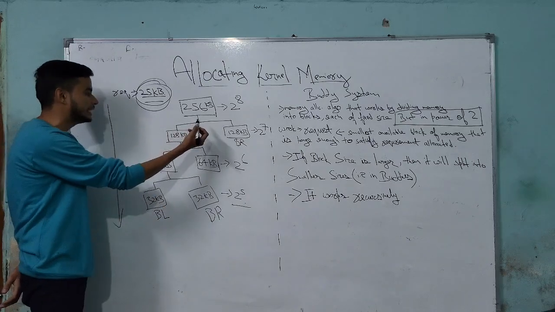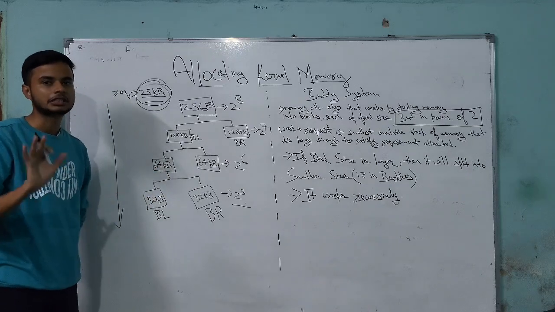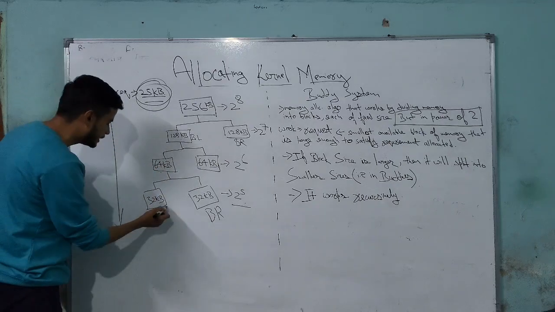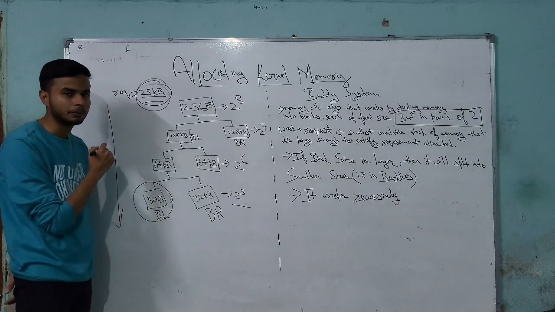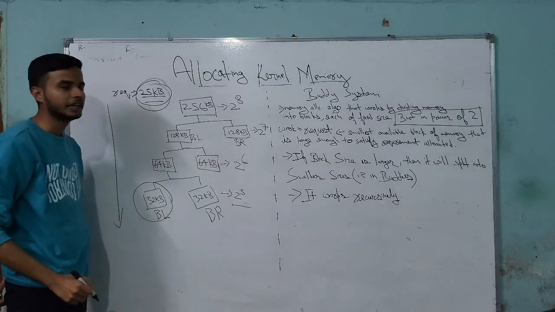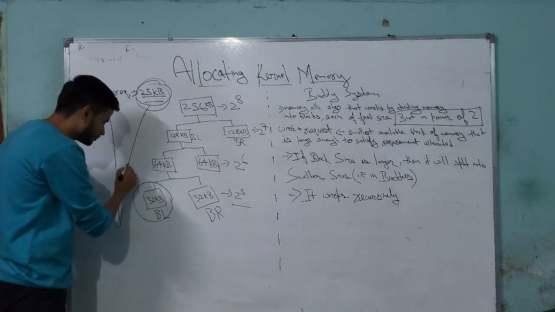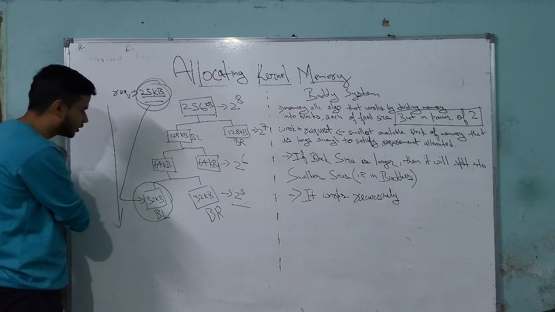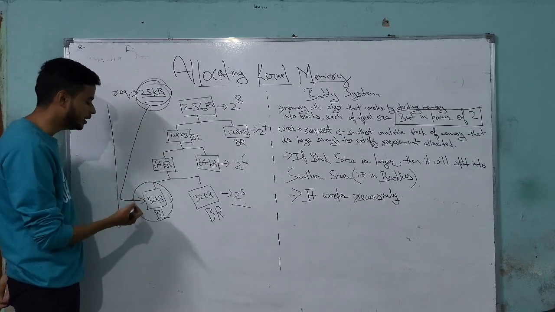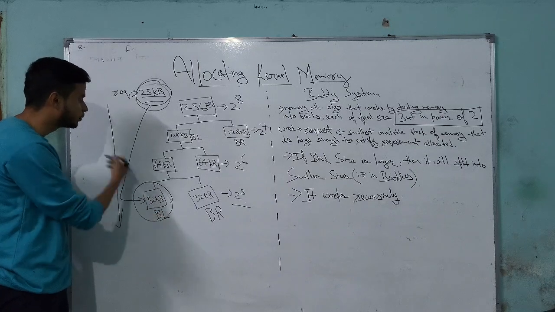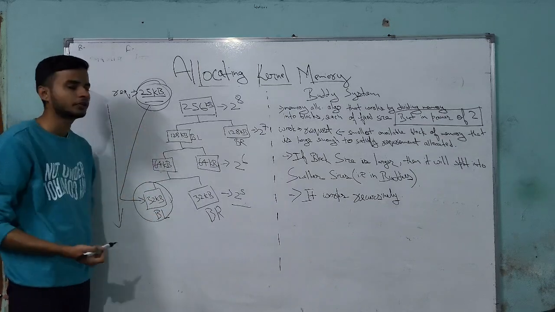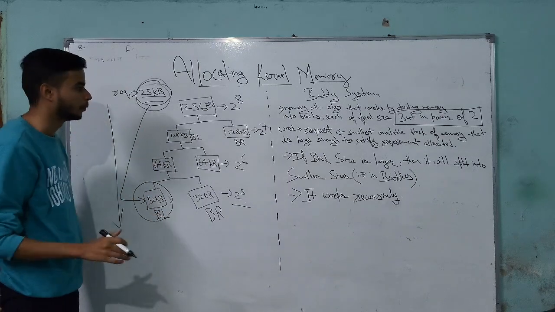Here we can see the smallest block which is large enough is the 32 KB block. So this 25 KB will go to the 32 KB block. This 32 KB block will be allocated for the 25 KB of requested memory.